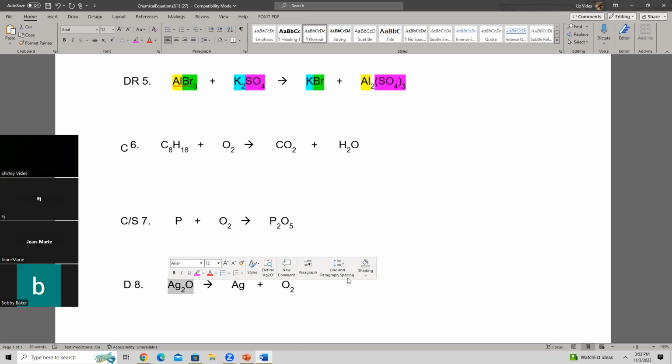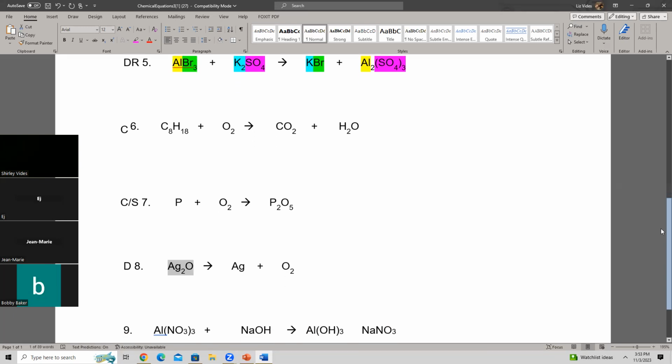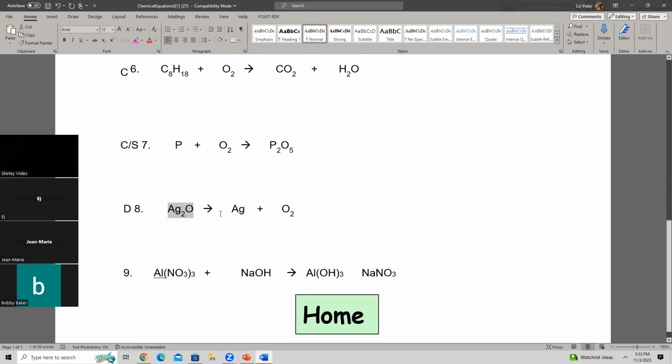The one before was a synthesis. Yeah, the first one's a synthesis, but the next one's a decomposition because it's exactly the opposite. You see how this one is only one product, but here there's only one reactant. So that's where you have to focus on.